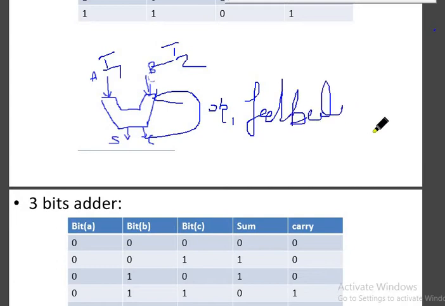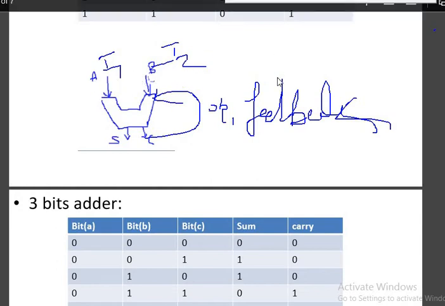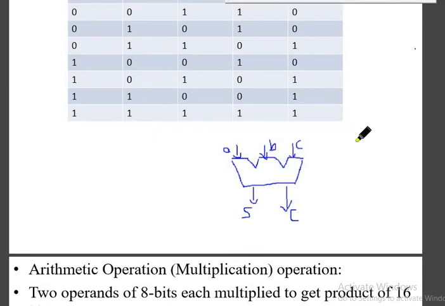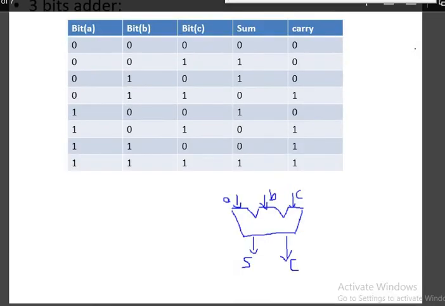So we get three inputs, and it automatically gets converted into a 3 bits adder.